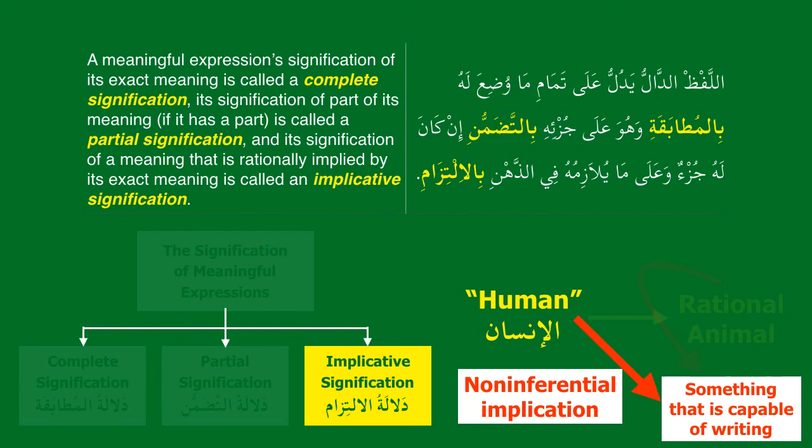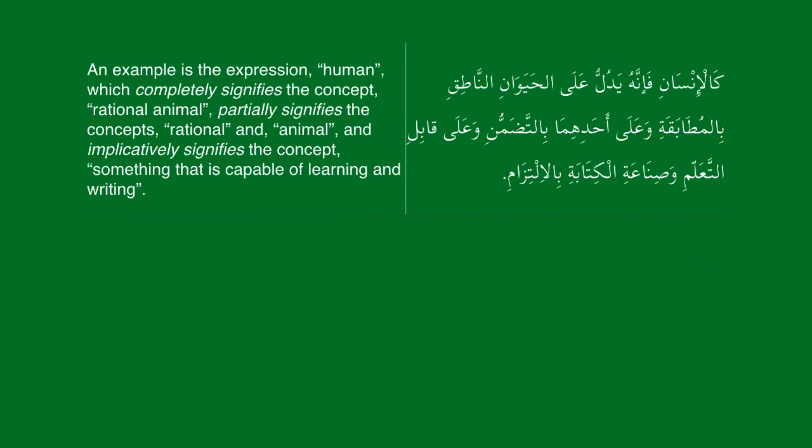So it needs to be a close and non-inferential implication for us to say that the expression human signifies that concept. So there are three ways in which an expression signifies its meaning: complete signification, partial signification, and implicative signification. Let's read the words of Athiruddin al-Abhari and review all of this now.